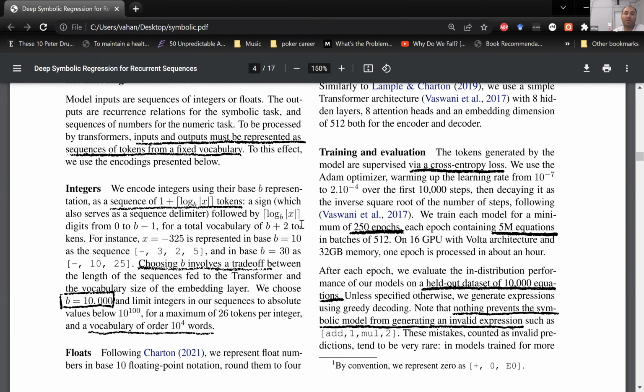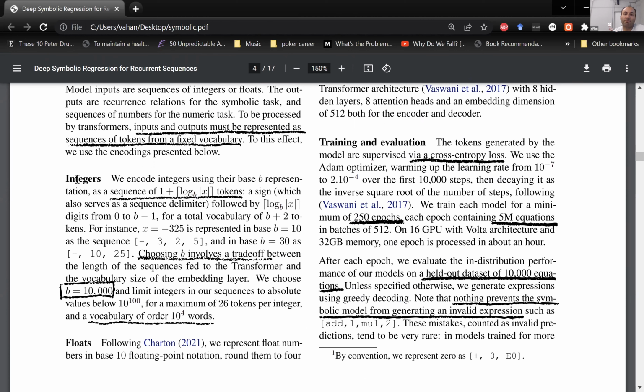And then we talk about encodings. This is also cool. Well, I guess also normal. How you encode integers and floats. Basically, you have to choose a base. There is a trade-off, right? Because if you do base 10, then you have 10 digits.